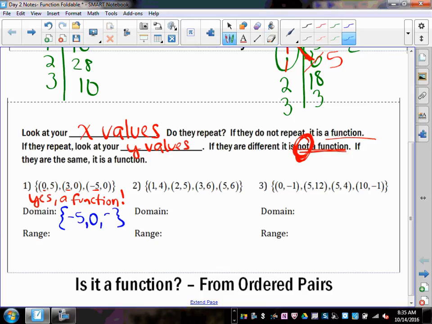I know, I made you write it, erase it, and rewrite it. -5, 0, 3. We want to go from least to greatest. I'm going to write that note down here for yourself. Go ahead and write that in there so you remember to write it from least to greatest.